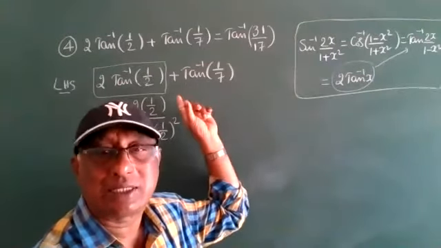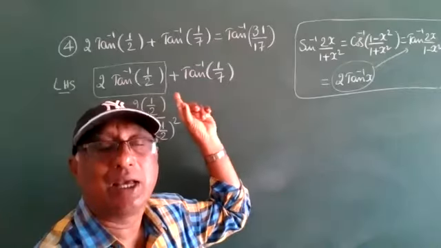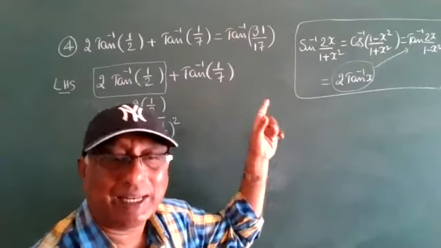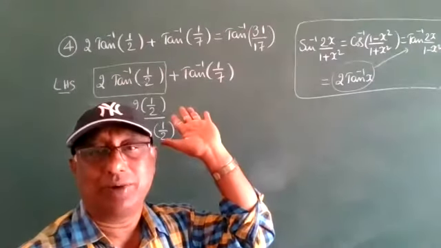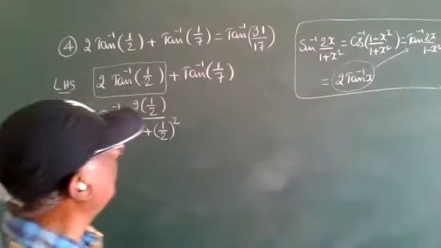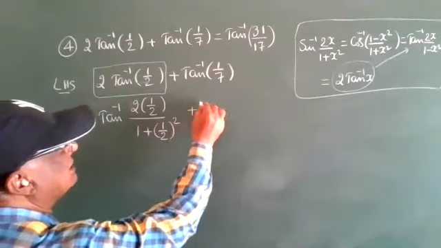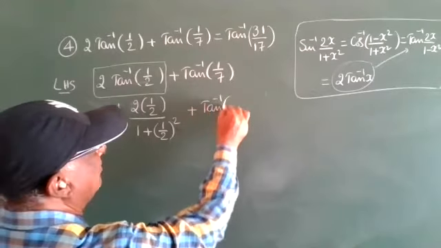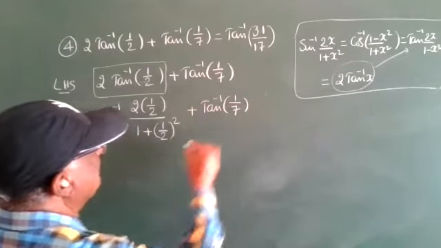This is not the sine inverse formula and not a cos inverse problem. This is tan inverse, that's why I take the tan formula only. Okay? So now plus tan inverse of 1 by 7 stays the same.